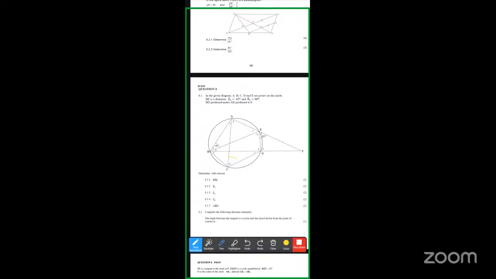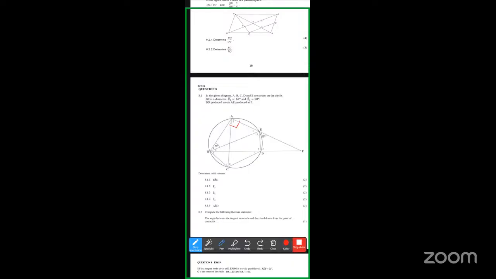Oh, okay. Let me do this. We found this angle, right? It was 90 degrees, you said, and we found this here. Let me do this. I love color red. We said this is 90.